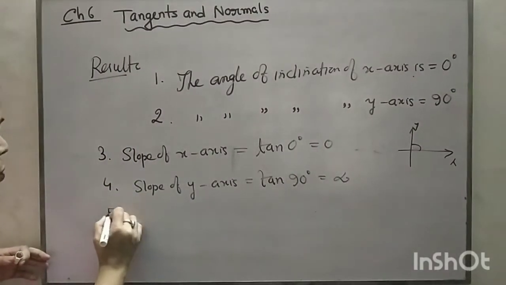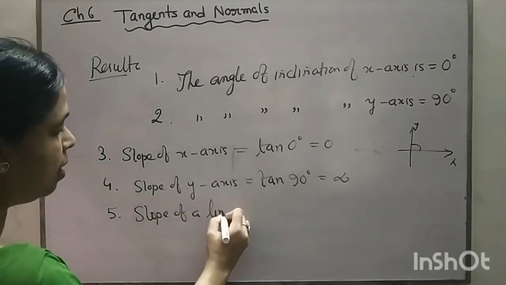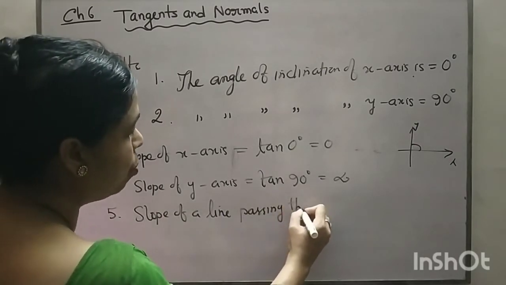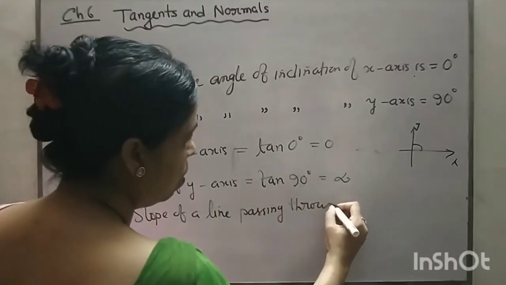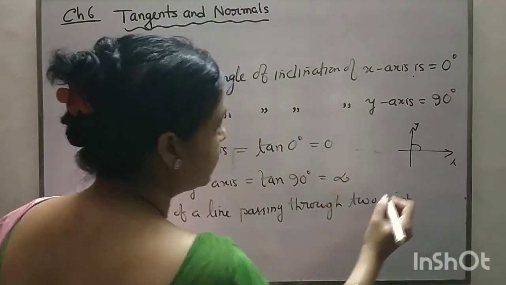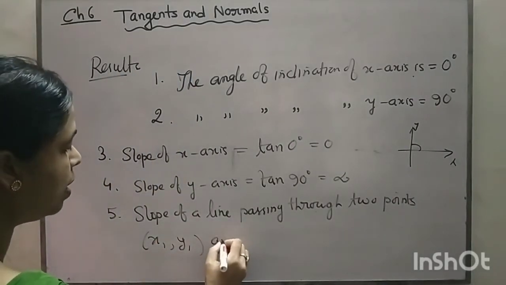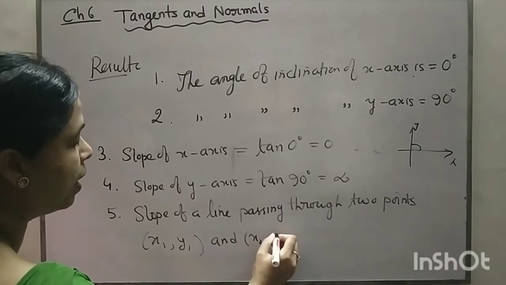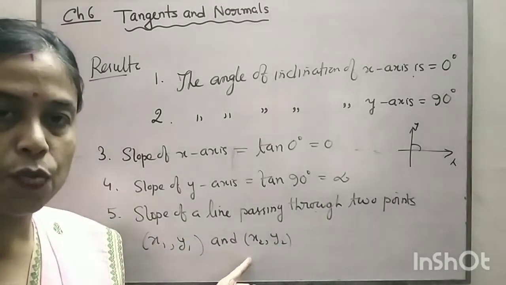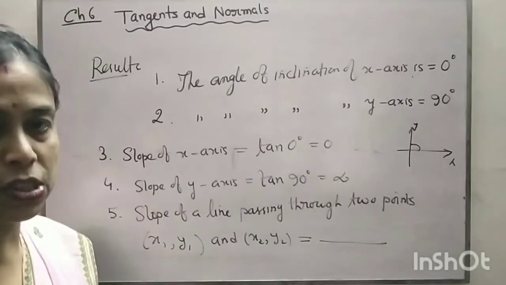Then one more thing you have to know, the slope of a line passing through 2 points. Say, let us consider the points as x1, y1 and x2, y2. The slope of a line passing through 2 points x1, y1 and x2, y2 is equal to the difference of y coordinates by the difference of x coordinates.